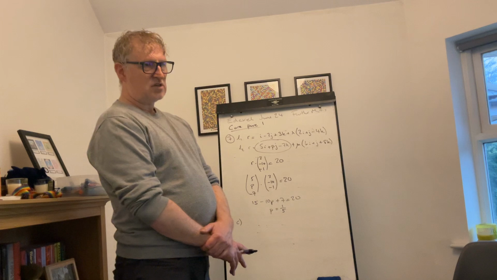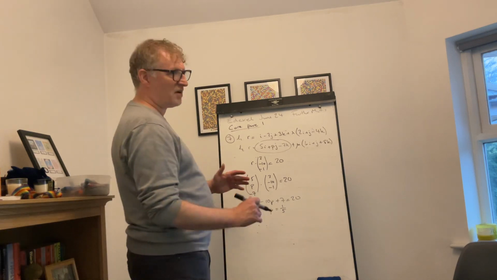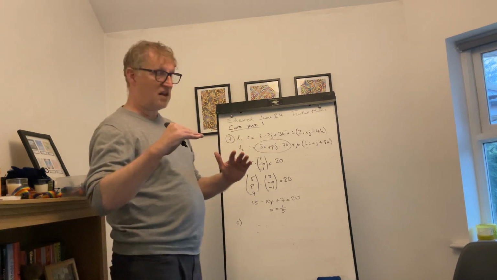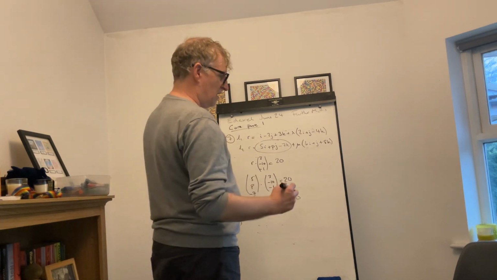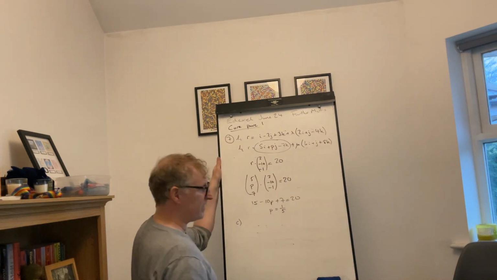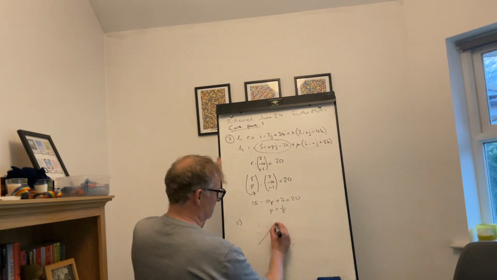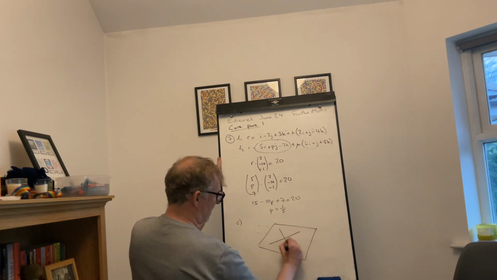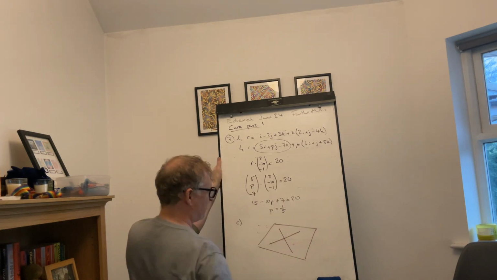Okay, so what we do when we're trying to find the angle between a plane and a line, if I was doing some kind of sketch here, my sketches are not great, so do excuse me. So here's our plane, here's our two lines on the plane that meet there, okay?